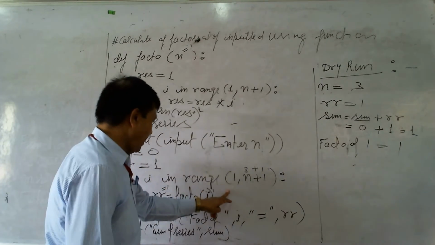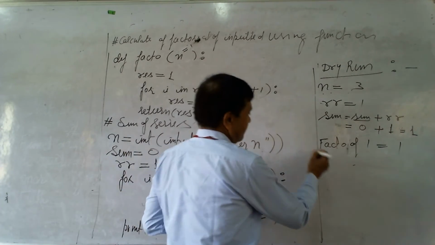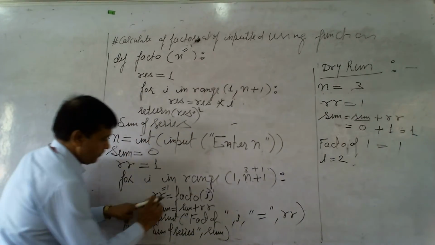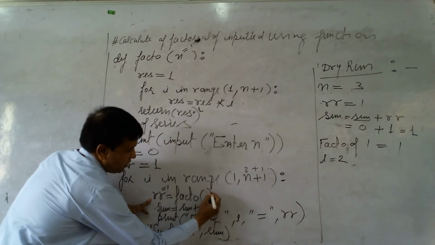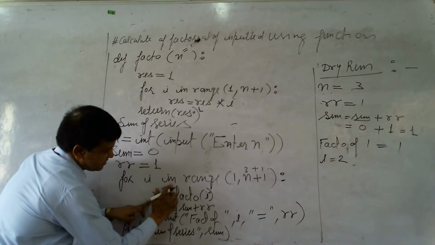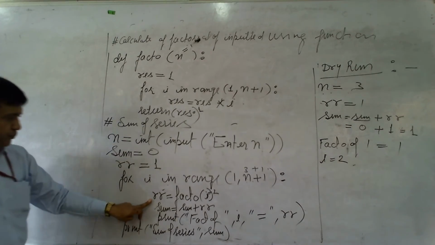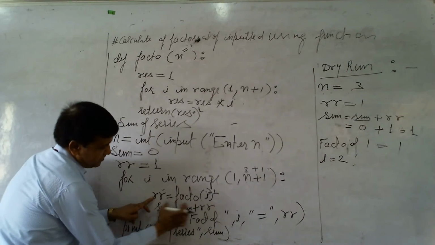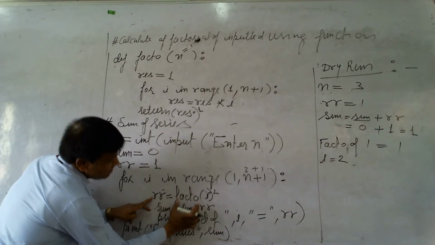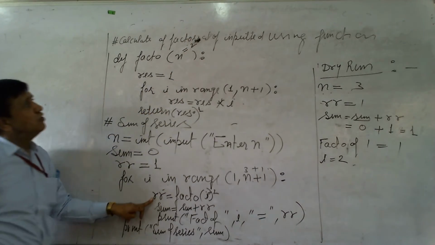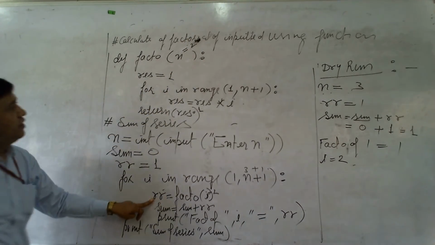Now the value of I is 2. So now this statement will execute again for the value of I equal to 2. When this statement executes, the program again jumps to this part, and the value of n is 2.